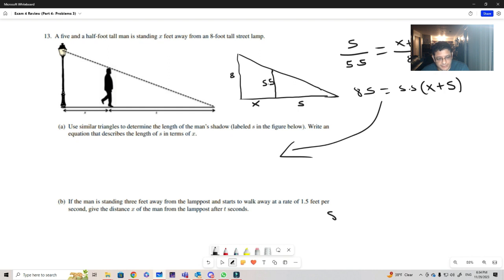So we will have 8S is 5.5 times 3 plus S. Right? So from here we can actually find out what S is.